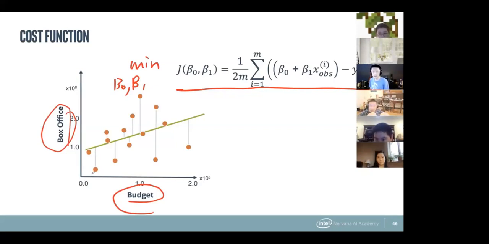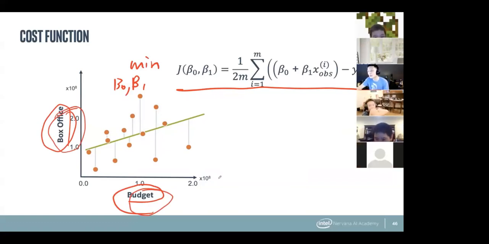Right, like the reputation of the actors, the reputation of the directors, or how much they spend on marketing. This is different from the budget. The budget might be all wasted on useless things, but how much do they spend marketing this material? Or how many fans do they have on social media? These are all different features that you could use to predict the box office. The budget is only one of them.